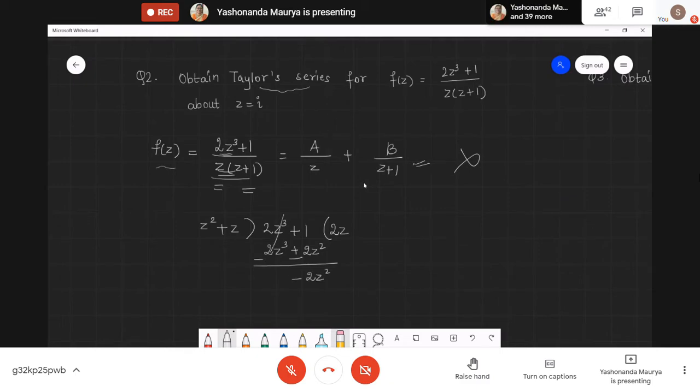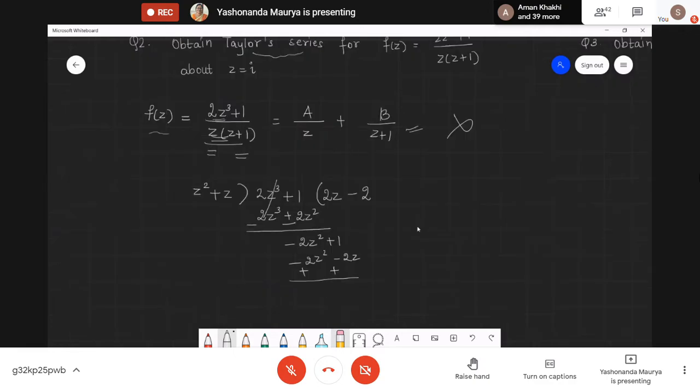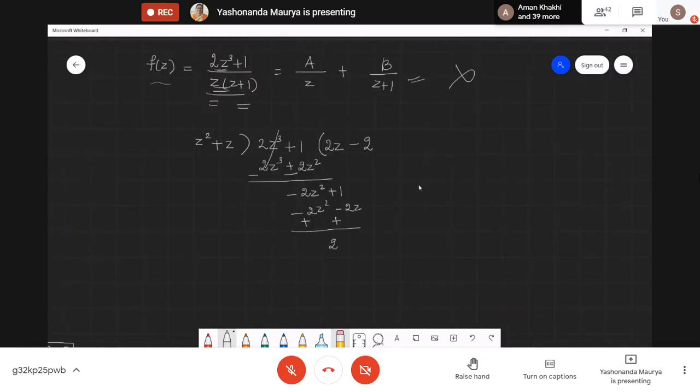Minus 2z square plus 1. It will be minus 2. So 2z square minus z plus 2z plus 1. Okay. Now this is the case.